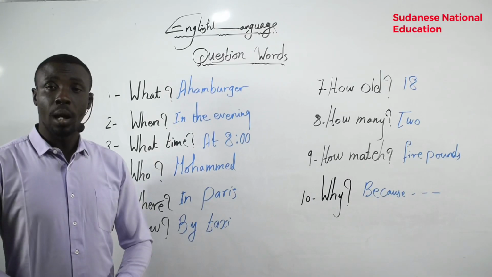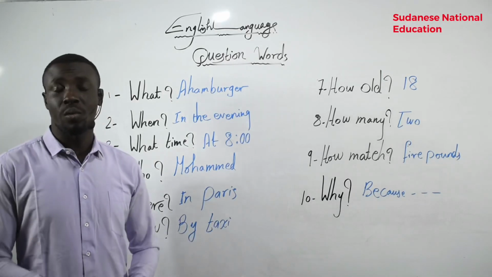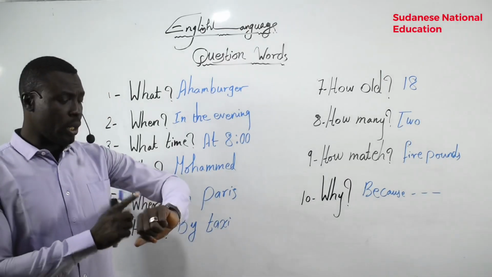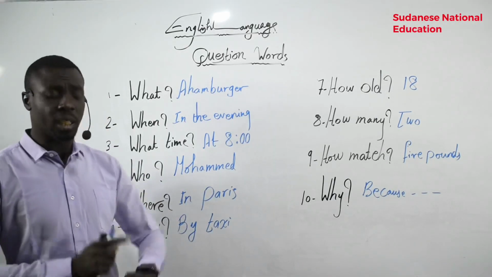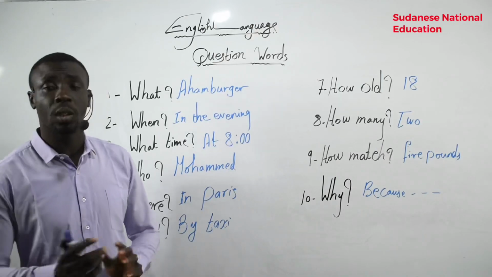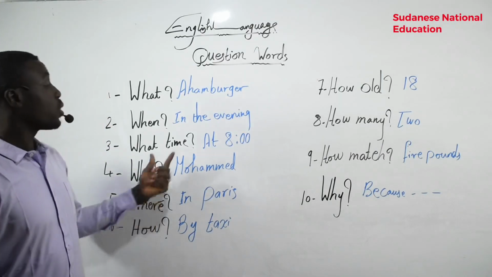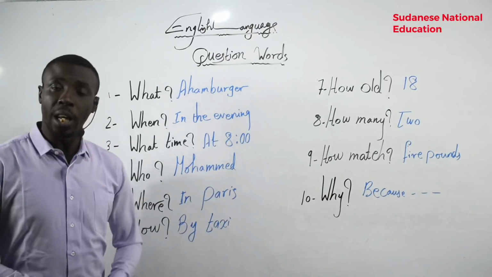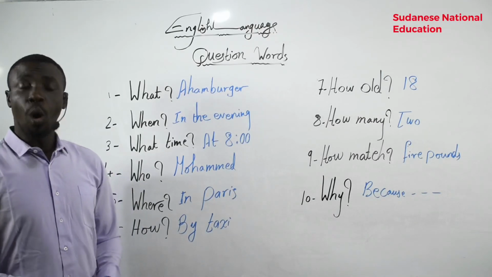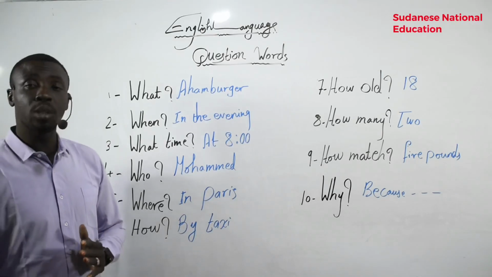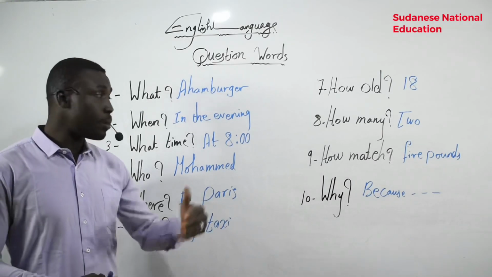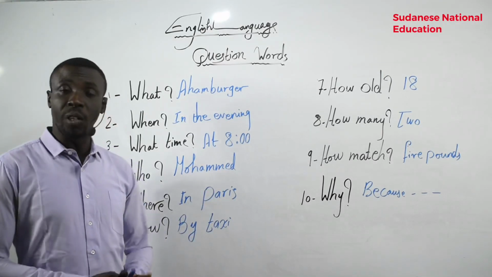For example, what's the time now? It's 5 o'clock. It's 8 o'clock. It's 9:30. Also, we have AM and PM. AM is for morning and PM for evening.